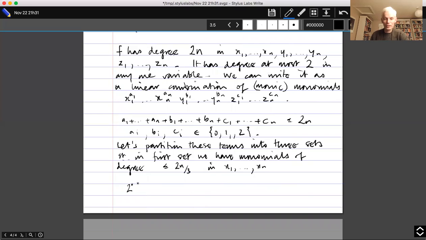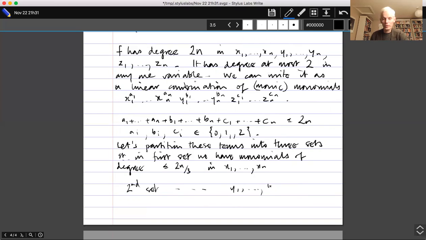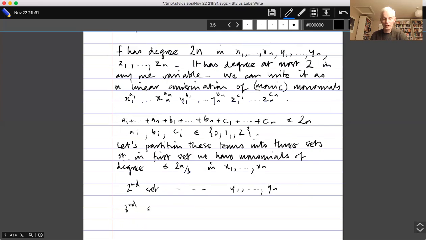And in the second set, it's the same but with y1 up to yn, and in the third set, it's the same but with z1 up to zn.